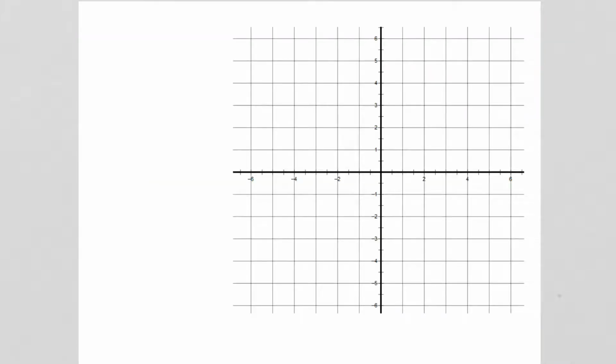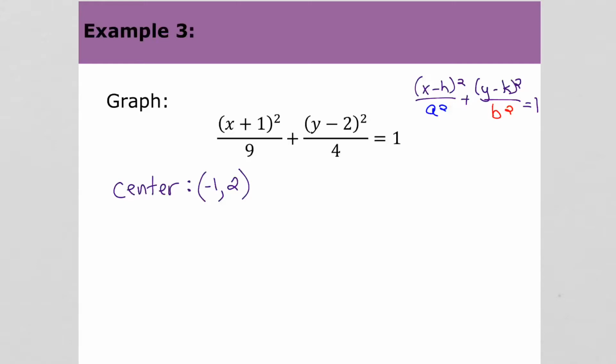I'm going to go ahead and graph that. Since the bigger number is under the x, that tells us that the major axis is horizontal. So that's where our major vertices will lie and where our foci will lie.